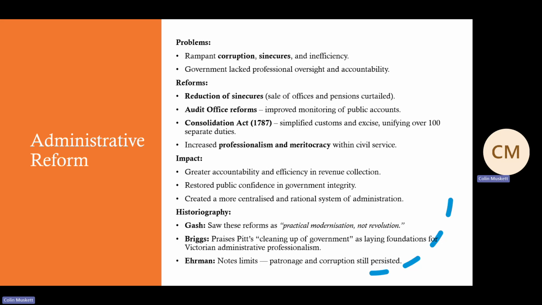Again, this created greater transparency and accountability in government spending. An audit office was also set up, run by independent experts, with the specific task of overseeing public expenditure, and again, at least in theory, curbing corruption.